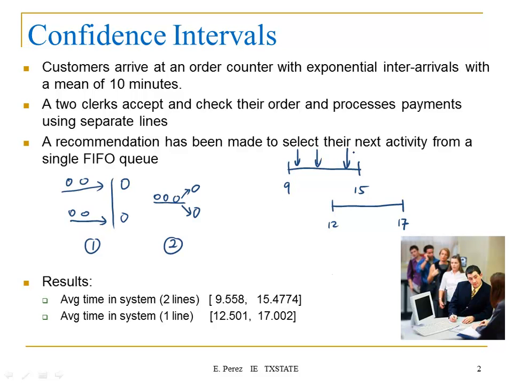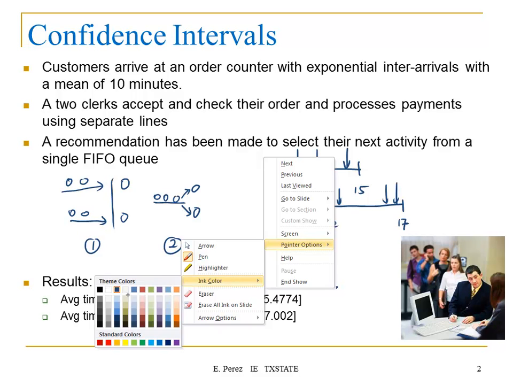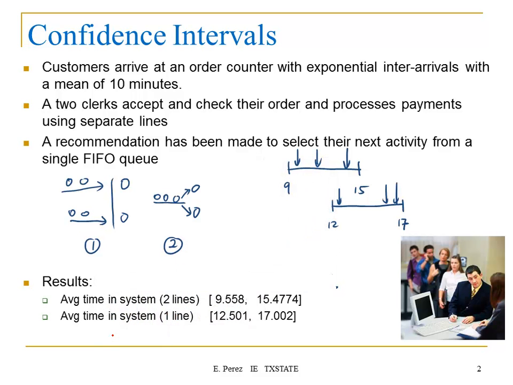Also, for the second system, it could be here, here, here. So something that can happen, and we don't know, is that the actual population mean for this system is here, and the real population mean for this system is here.